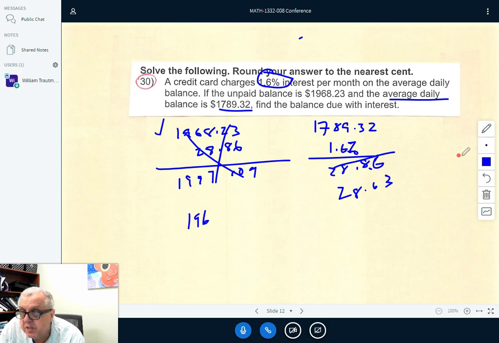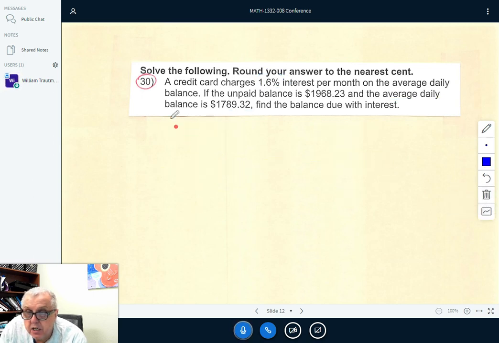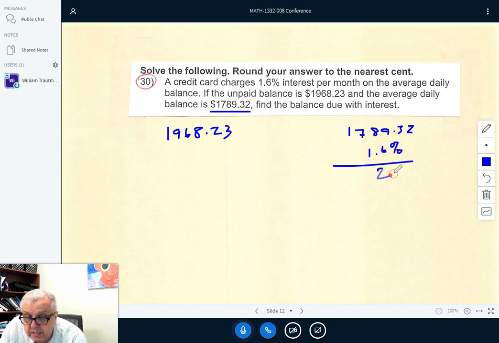Let me clear this out and show you this again. My starting balance is 1968.23. My average daily balance is 1789.32. This is what I do with my interest rate, 1.6%. When I multiply those two together, I get 28.63.